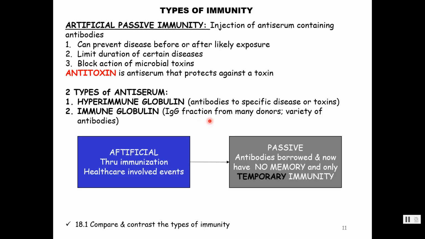So IgG fraction from many donors, which if you think about it, people out and about with a healthy immune system are going to be making a variety of antibodies at any one given time. But once again, this is going to be artificial, and passive immunity lasts only as long as those antibodies are in that system.